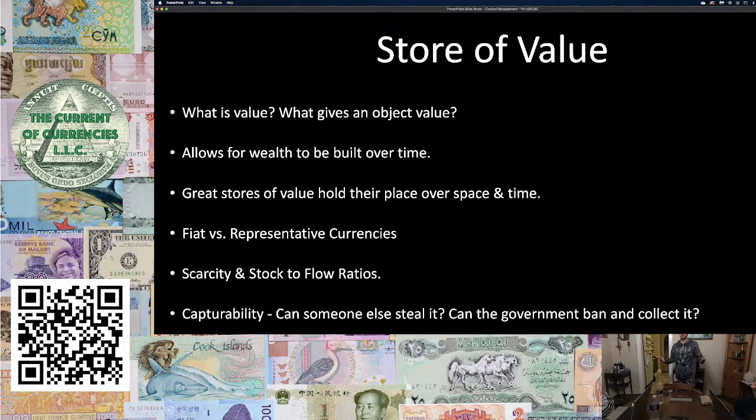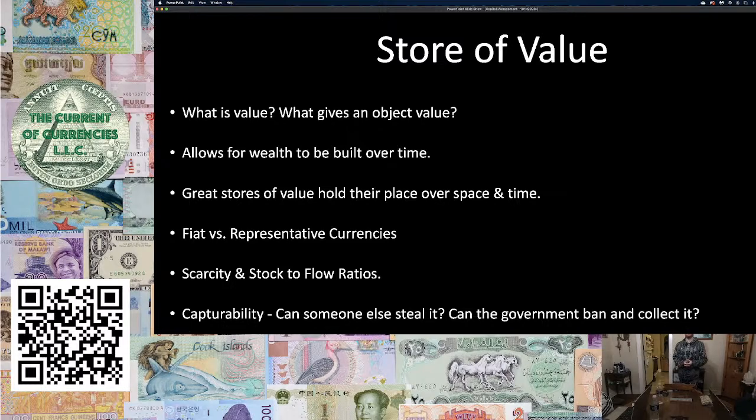Right. One thing that I would talk about with store of value is Bitcoin. In 2011, there was only a handful of people that even knew what Bitcoin was, but it caught on and it created a large network of people, and then that network grew because they believed in it as a store of value. And here we are.